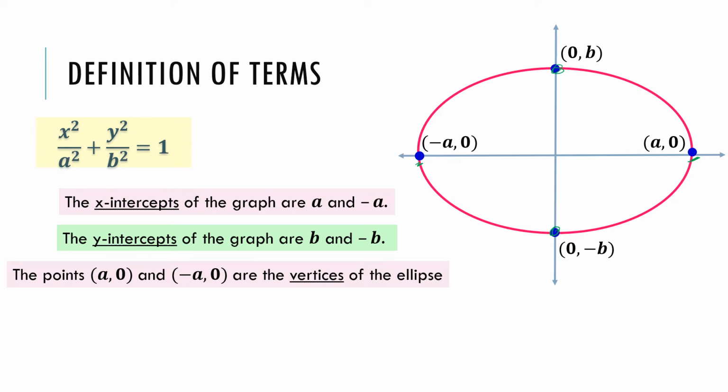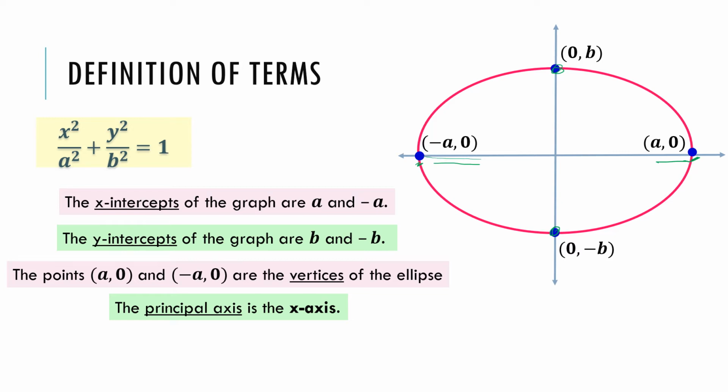Another, the points a, 0 and negative a, 0 are called the vertices of the ellipse. Mga vertices ng ellipse. And then, our principal axis is the x-axis. Pag sinabing principal axis, siya yung axis of symmetry.